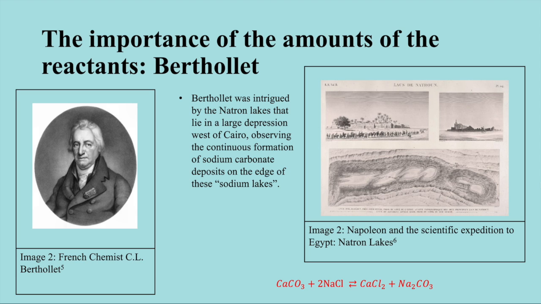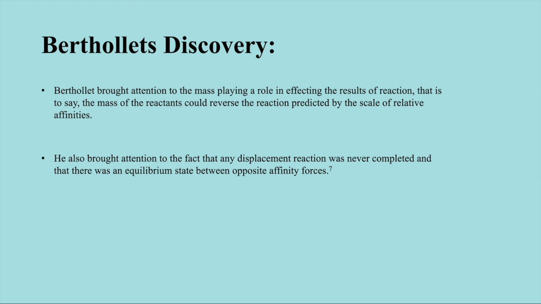Berthollet tried to explain this unexpected reaction, taking into account the great quantities of the two reactants present and the continuous removal of the products. In point of fact, the sodium carbonate formed a crust around the edge of the lake, and the deliquescent calcium chloride seeped away into the ground.